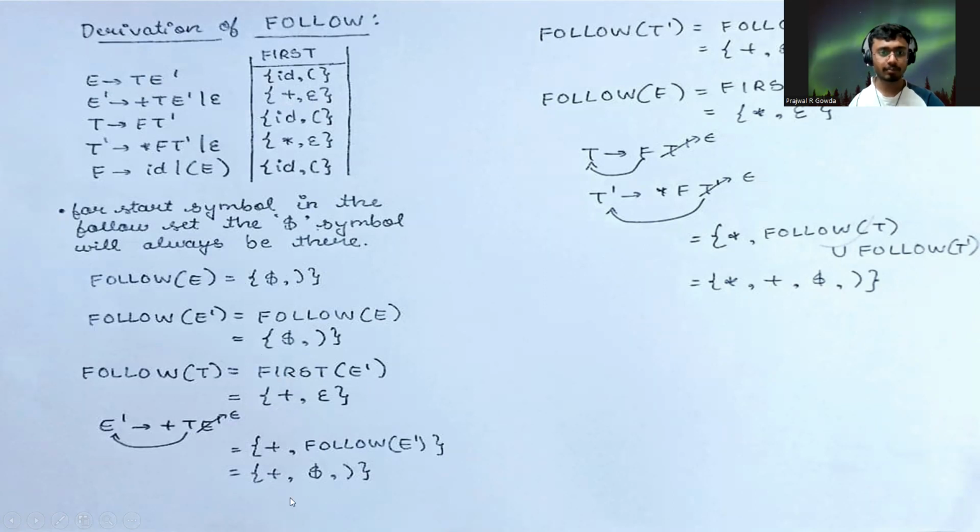The first of E dash is plus and epsilon. Since it contains epsilon, if E dash is epsilon, then T is followed by E, which means we should consider follow of E, or follow of E dash.